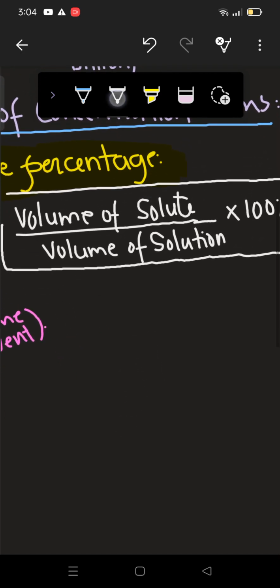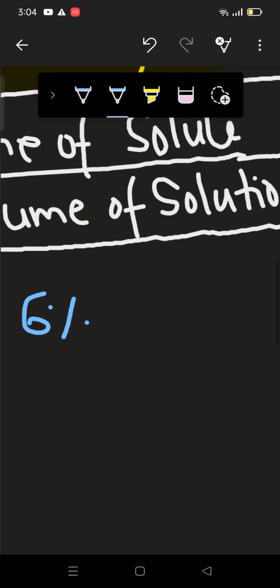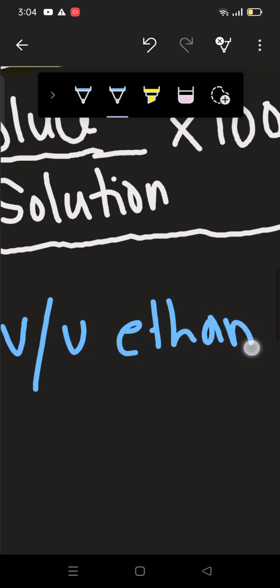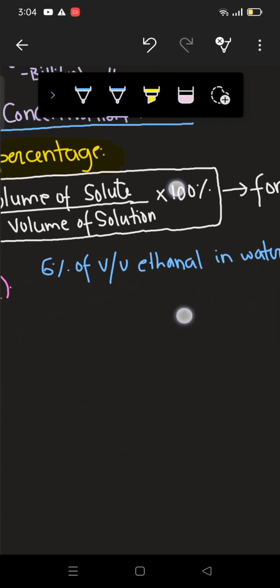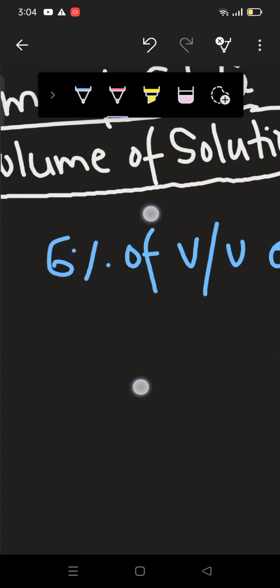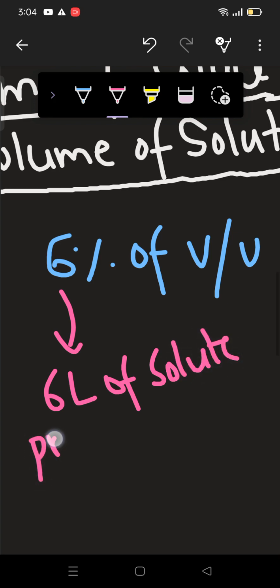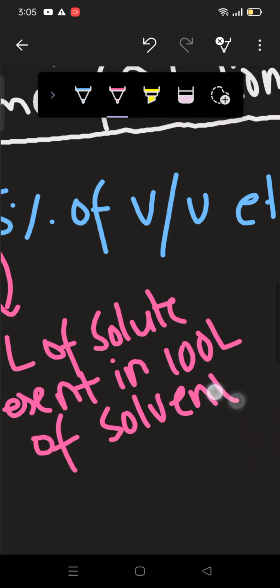Now see, if they have given, for example, 6% volume by volume ethanol in water, what does it actually represent? 6% volume by volume means 6 liters of solute present in 100 liters of solvent.